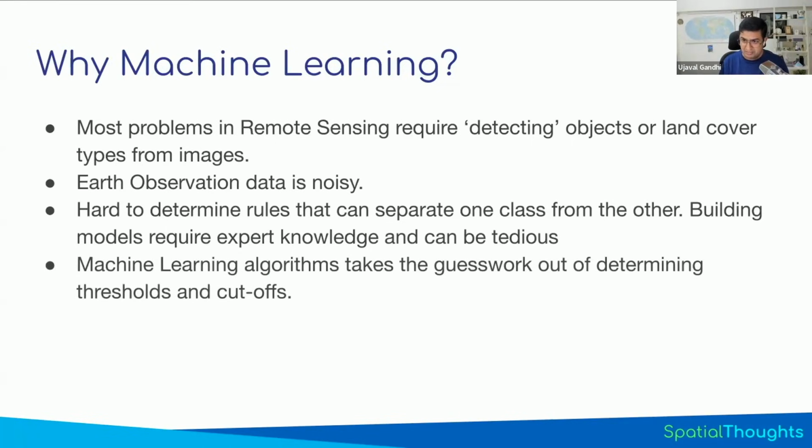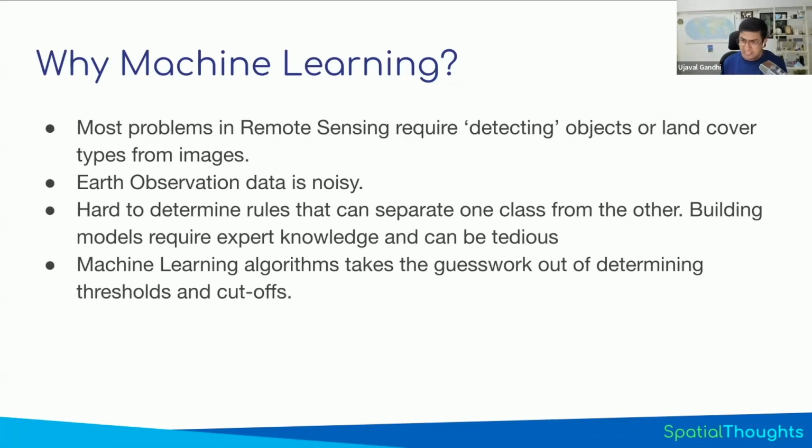So instead of defining the rules yourself, you say, here are some labels. I will tell you what each pixel is in my training data set. You go and figure out the relationship between the different reflectances and different land covers, and then you build a model, and that model can be applied on noisy data, and it will be able to correctly identify all the unknown pixels and their classes.